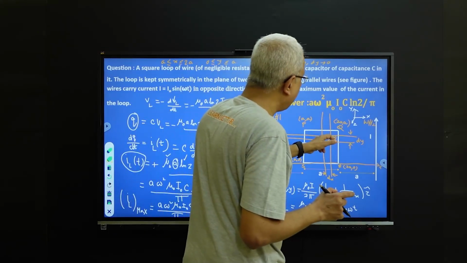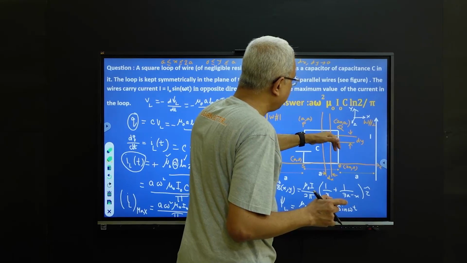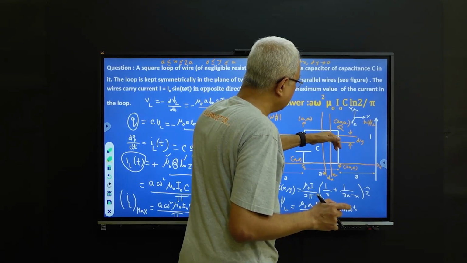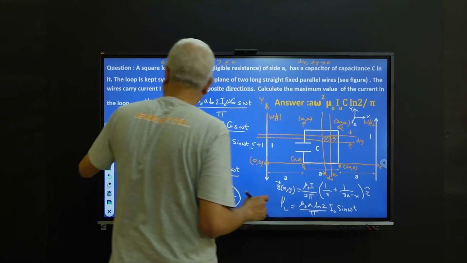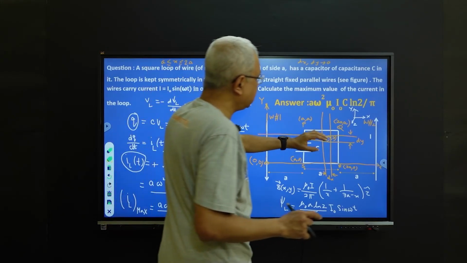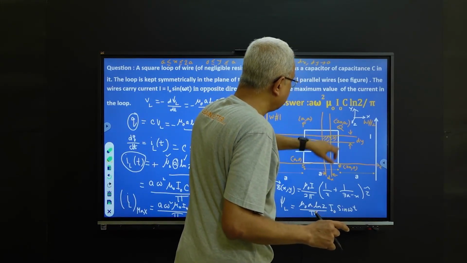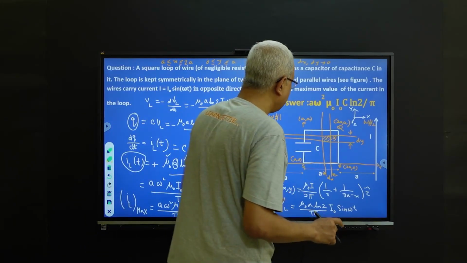Then we found the direction and magnitude of magnetic field at the point xy inside the loop. From that we could calculate the differential flux through the area dxy. Then we calculated the total flux linkage to the square loop by double integration, integrating over x and y.